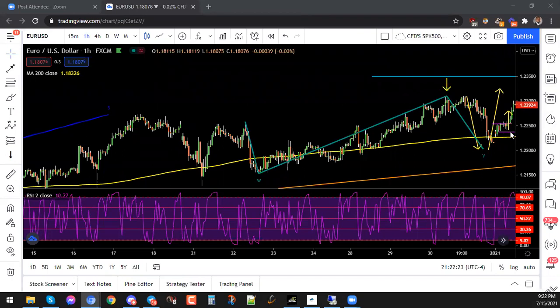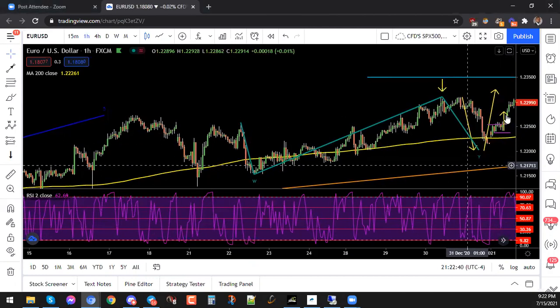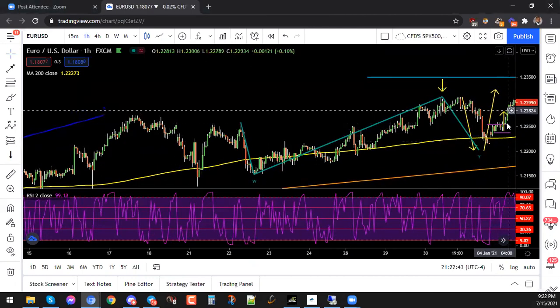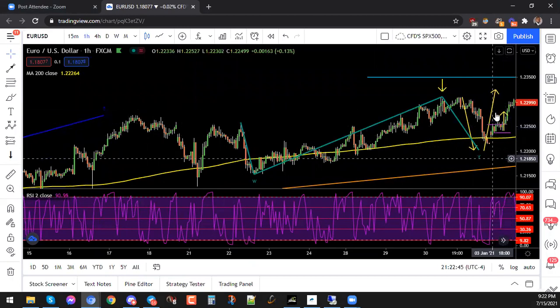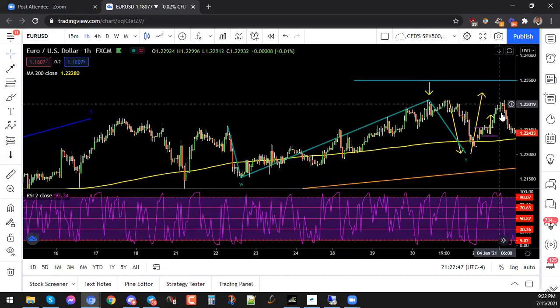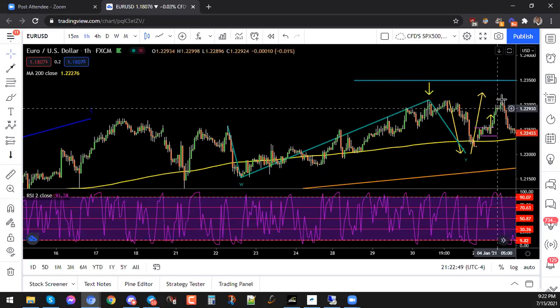So here we go. We're moving back to the upside. We're looking for this length. We're looking for this wave. We may not get all in one day. Here you can see from the start of the European session, the price starts to go up. Let us see. Where are we? All right, so the price starts to go up.